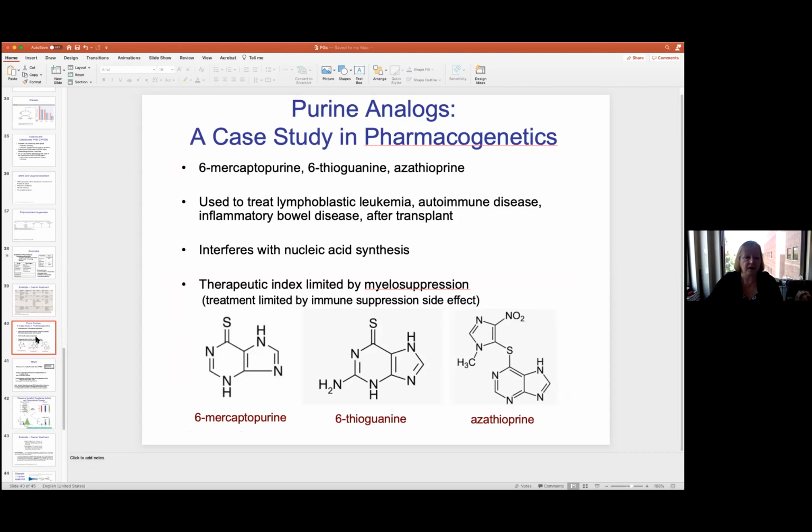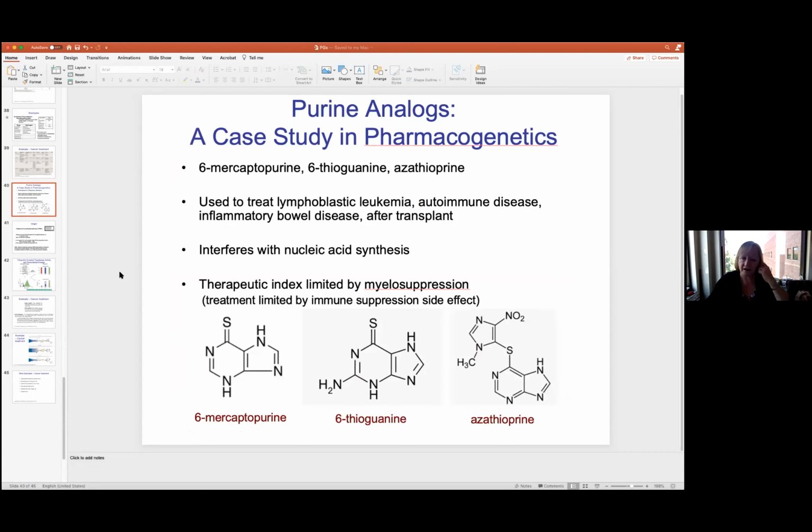So there are purine analogs that are used to treat different leukemias, some autoimmune disease, IBD, and are also used to inhibit the immune response after a transplant. Okay. And if you remember from way back in biochemistry, when we talked about nucleic acid synthesis, these 3 drugs interfere with nucleic acid synthesis.